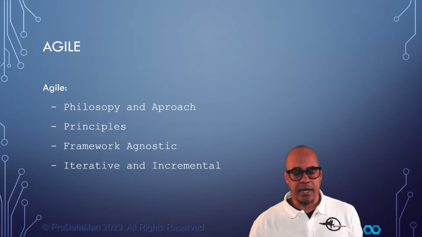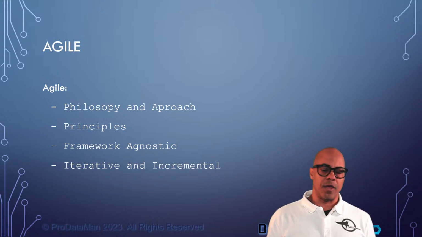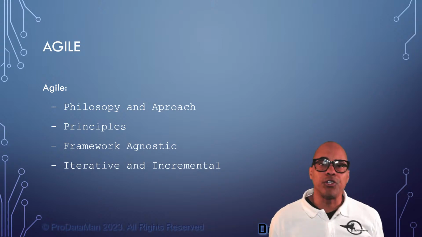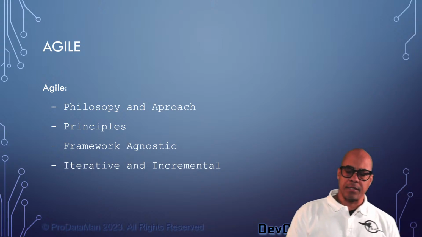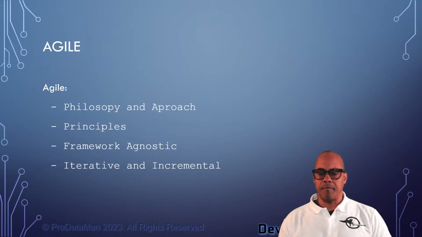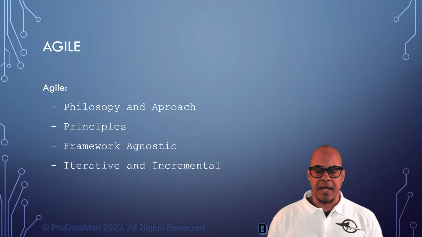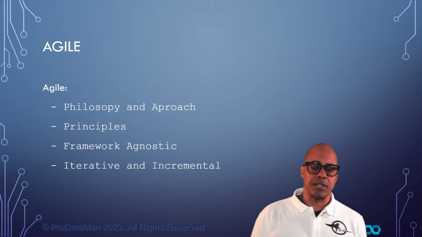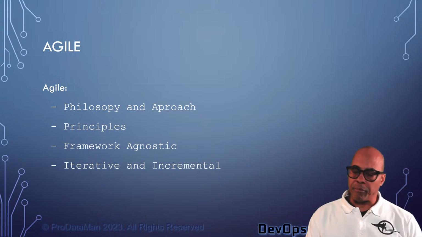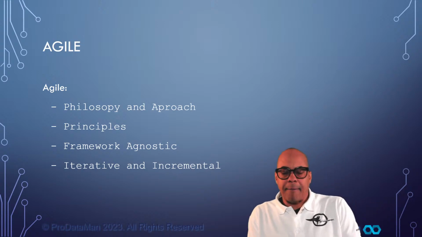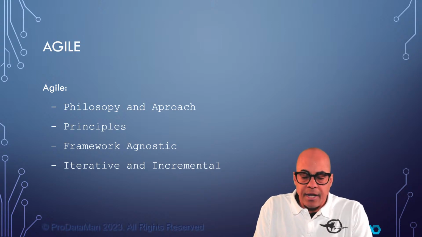Now, Agile is a methodology, a philosophy, an approach, if you will, that's mostly geared towards software development and project management, with emphasis on flexibility, collaboration, customer centricity, and the ability to adapt to changing requirements and priorities.